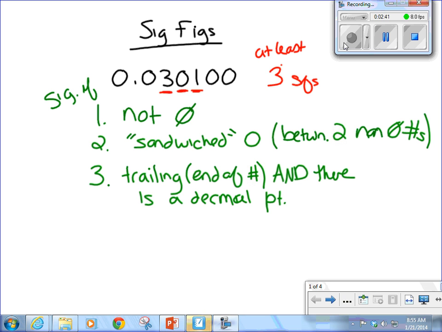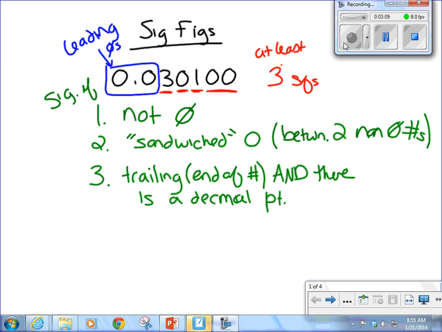So the trailing zeros here look like this. These 2. They're trailing because they're at the end of the number. So if I started at the right and I hit zeros going towards the left, those would be trailing zeros. These, and I'll underline them in a different color, these right here are leading zeros.